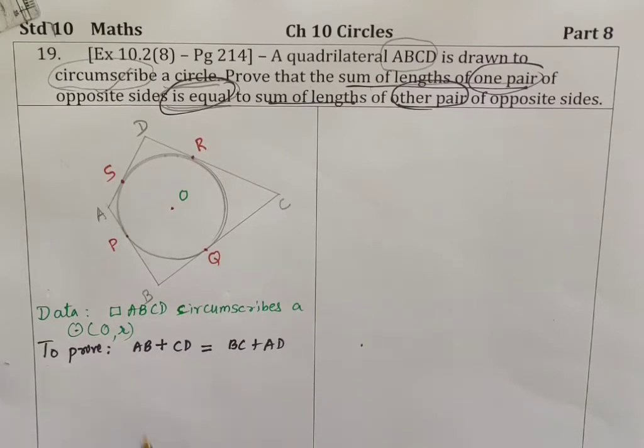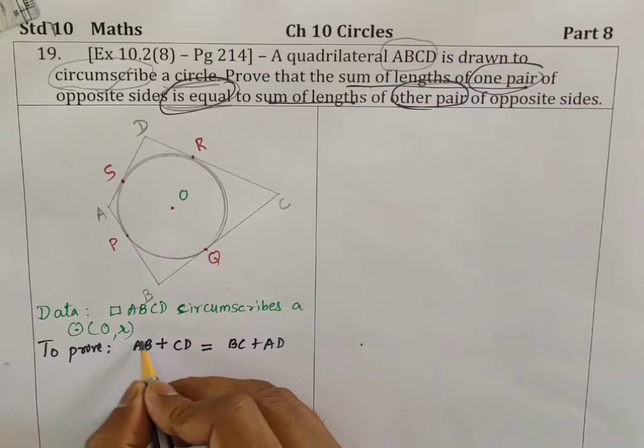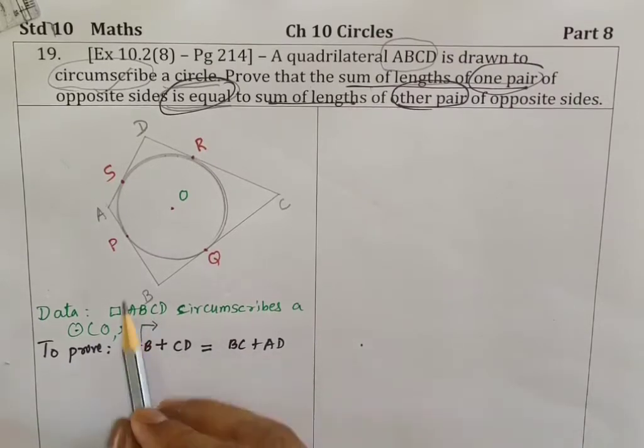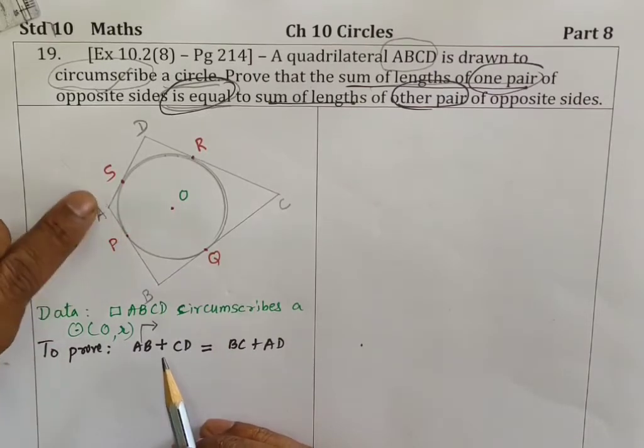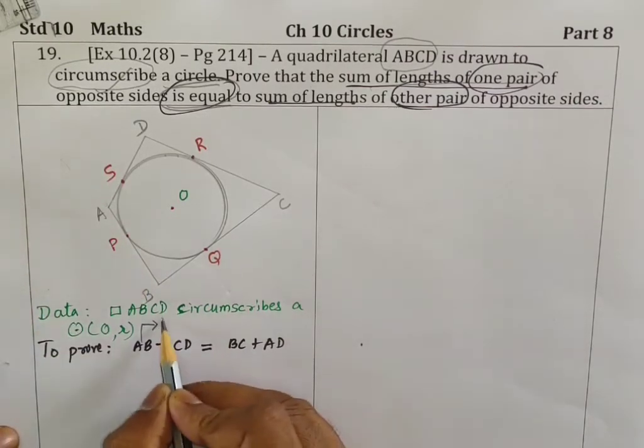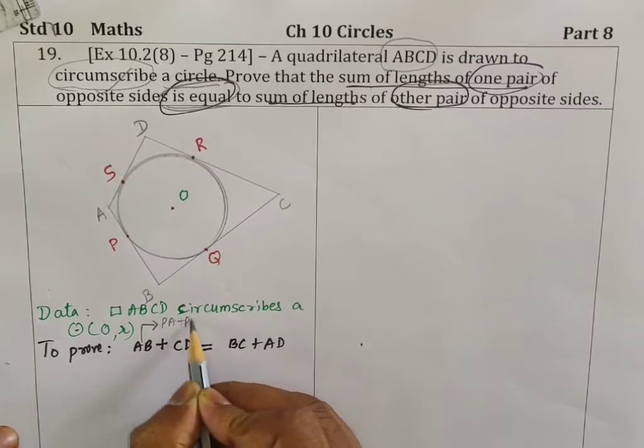Now, we have to look and understand something here. Look at AB. AB is now divided into two parts, PA and PB, right? AB is PA plus PB.